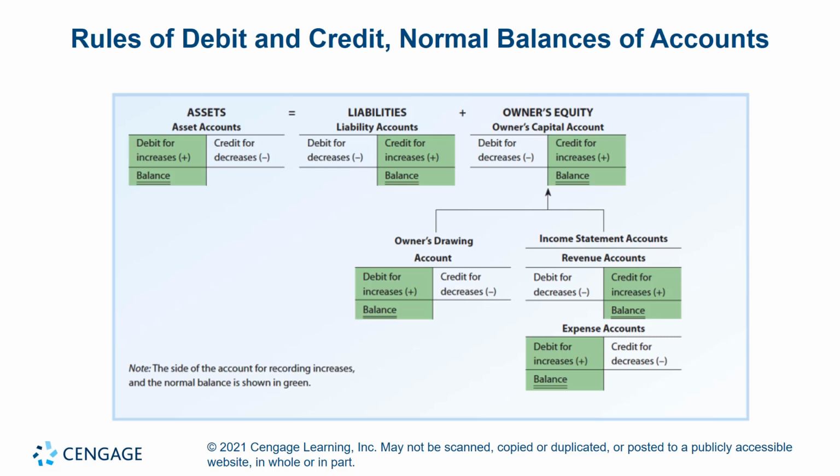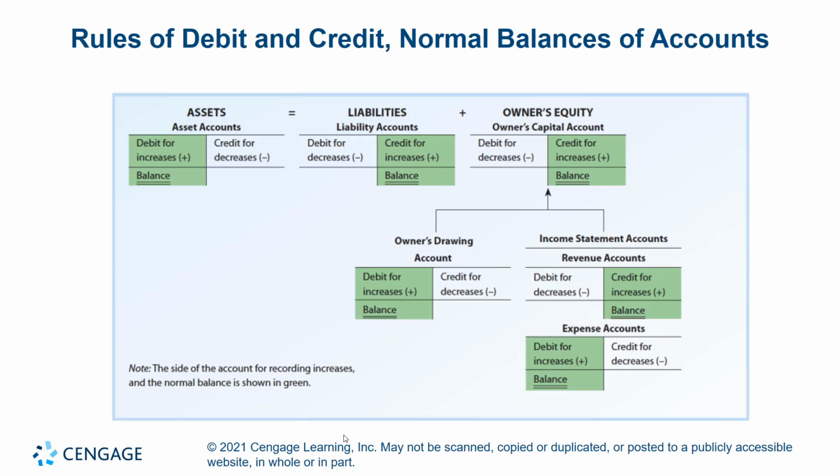Any transaction involving the revenue account, like fees earned, the increase in the balance is recorded on the credit side and the decrease on the debit side, opposite of expense accounts. Any expense accounts like utility expense, repair expense, the increase is recorded on the debit side and decrease on the credit side.